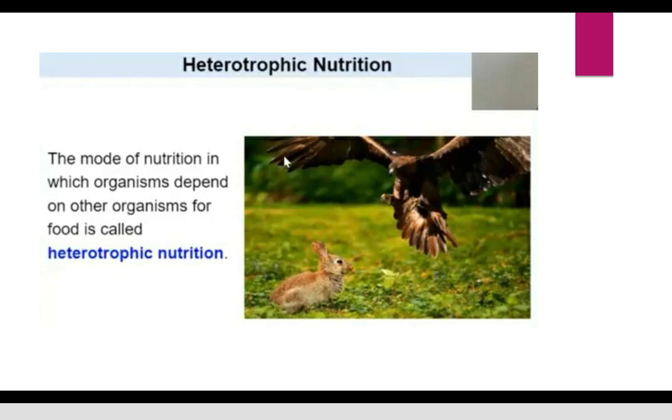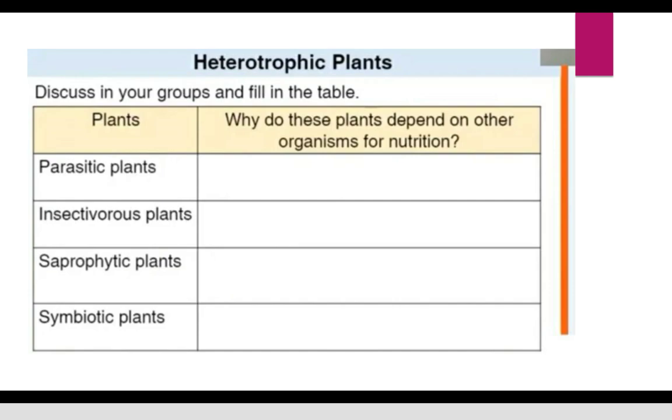Heterotrophic nutrition: the mode of nutrition in which organisms depend on other organisms for food is called heterotrophic nutrition. Some plants, animals and human beings depend on plants for their food to survive.